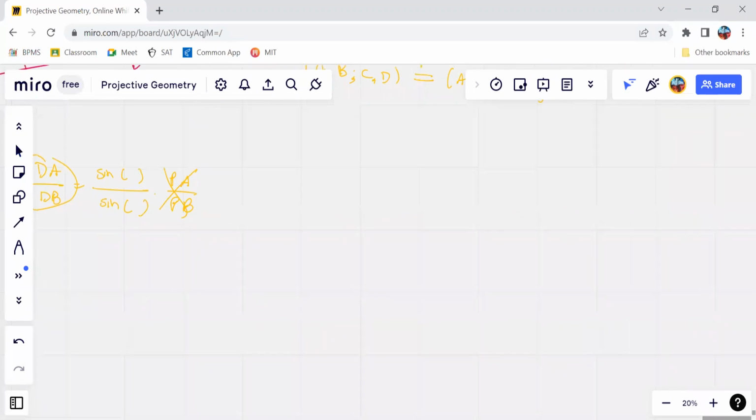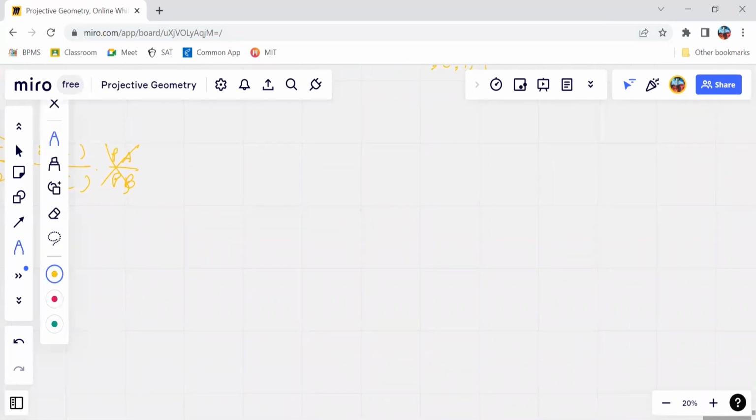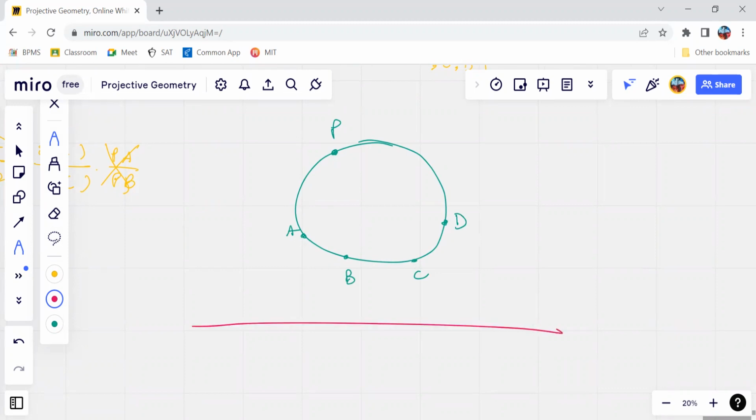And this does not have to be just with lines. You can also do this pretty cool thing that if you have a circle and a point P, say you have points A, B, C, D, and not necessarily a circle. It's also true for a conic, but we won't bother with that. So you can project from a circle onto a line, but only through a point on the circle.